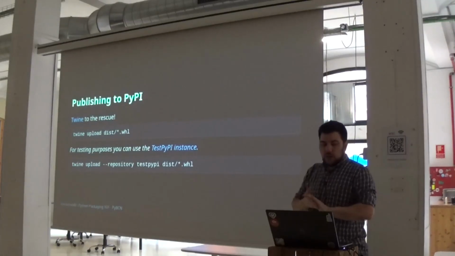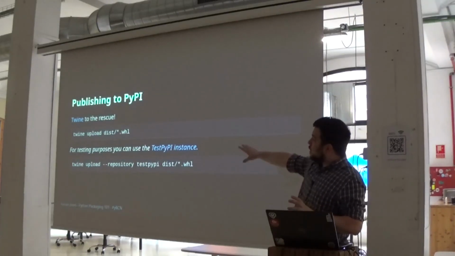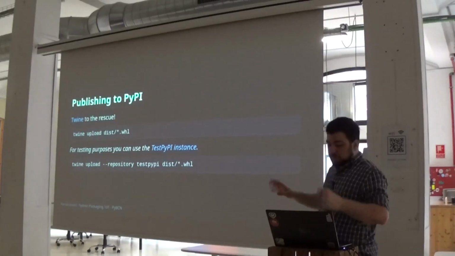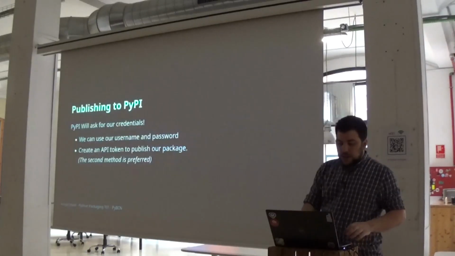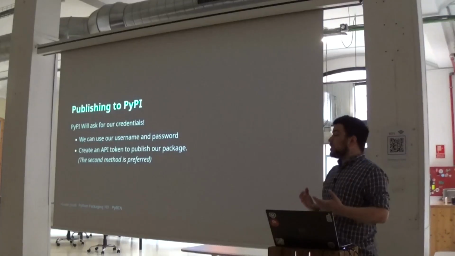But basically, all you need is twine upload, and then you point to the wheel file. And that's it. Of course, it will ask for your username and password.